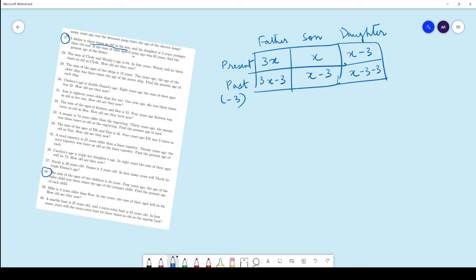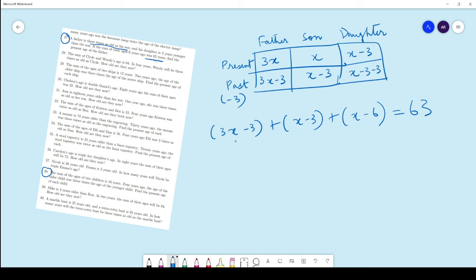And it says over here, their sum was 63 years. So let us just get into the equation. So what does it say? 3x minus 3 plus x minus 3 plus x minus 3 minus 3 equals 63. That is the equation that we get over here.